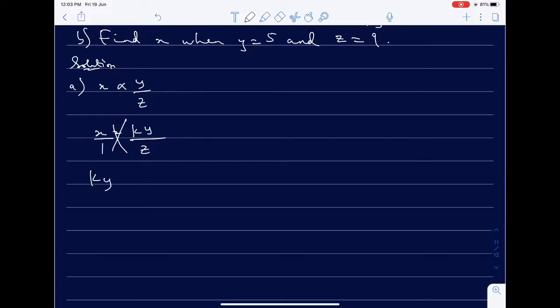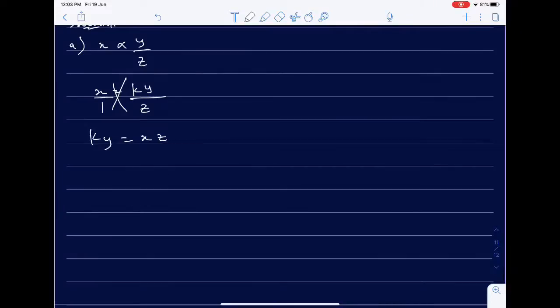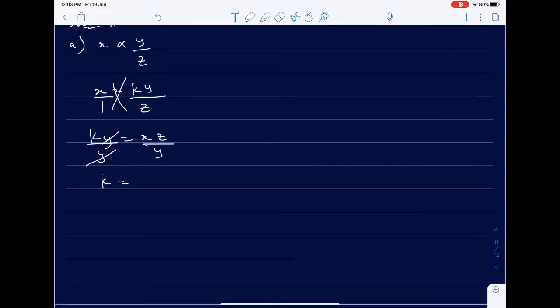So 1 times ky will be ky, and x times z will be xz. So that means k, if you divide both sides by y, that means k is going to be equal to, of course, y cancels y, and that means k equals xz over y.